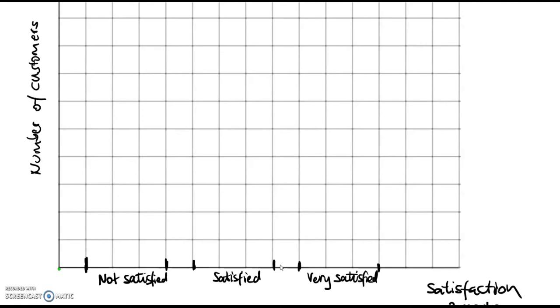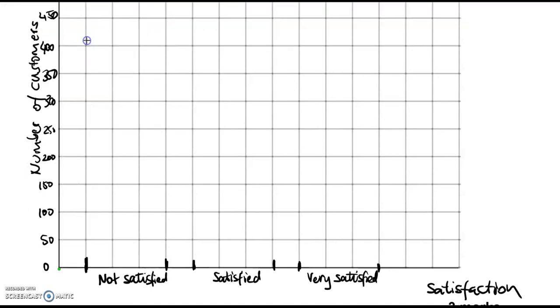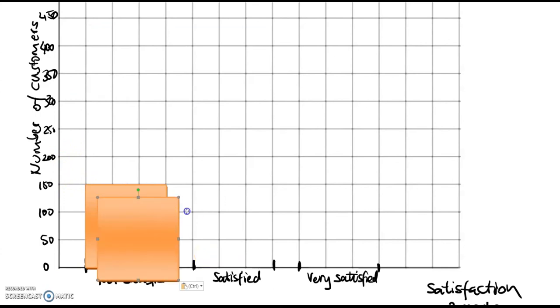vertically, starting from 0, and we've got to go up to 450, so we'll go 50, 100, 150, 200, 250, 300, 350, 400, 450, and so on. 150 of them are not satisfied, so we'll show that here. 300 of them are satisfied.